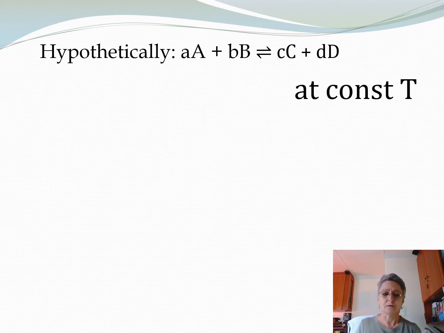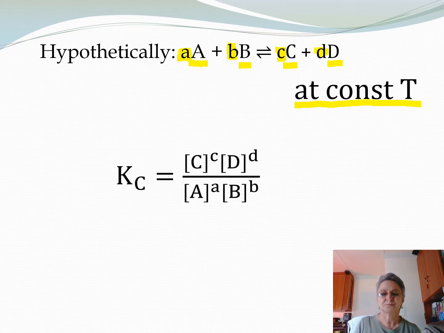Hypothetically, we have a moles of reactant A reacting with b moles of reactant B, and it's in equilibrium with c moles of product C and d moles of product D. It's at equilibrium, so the temperature must be constant.